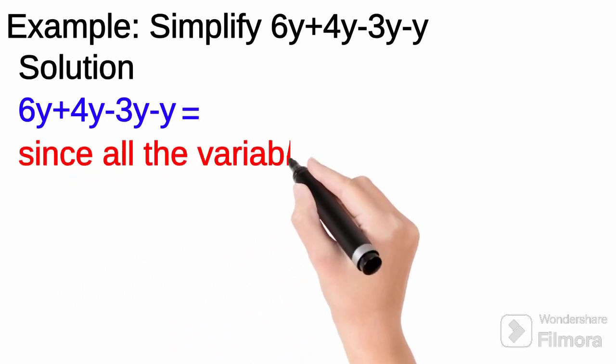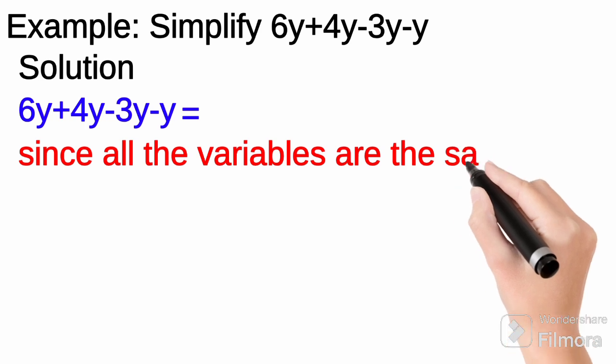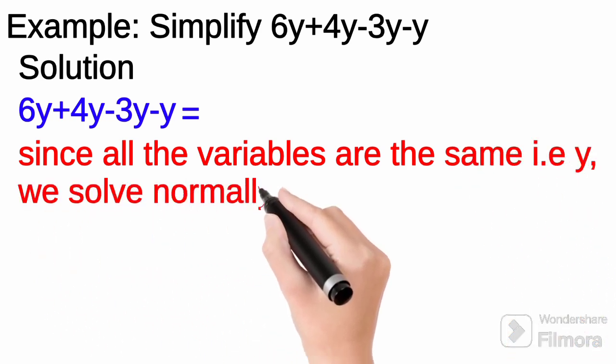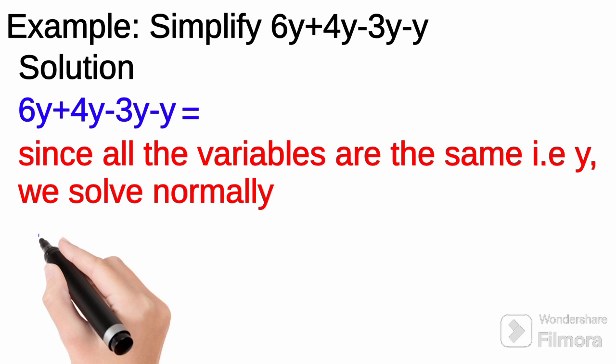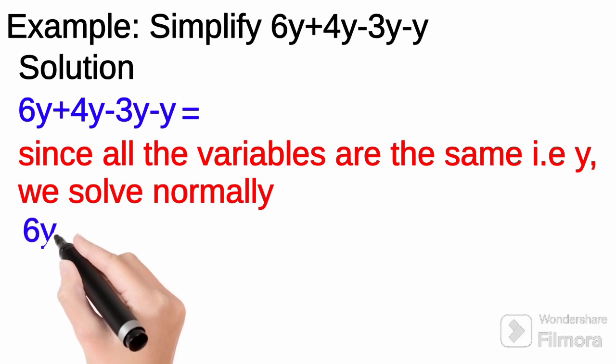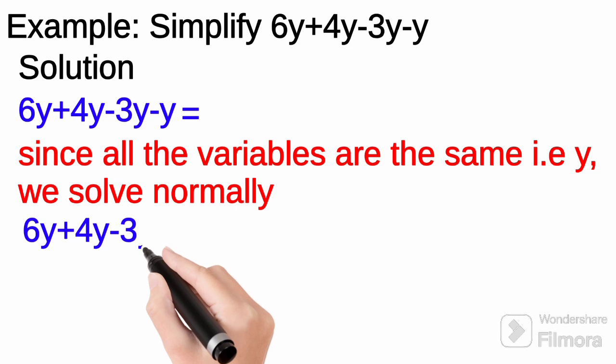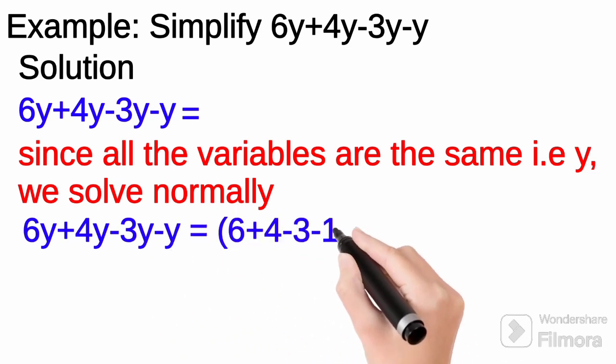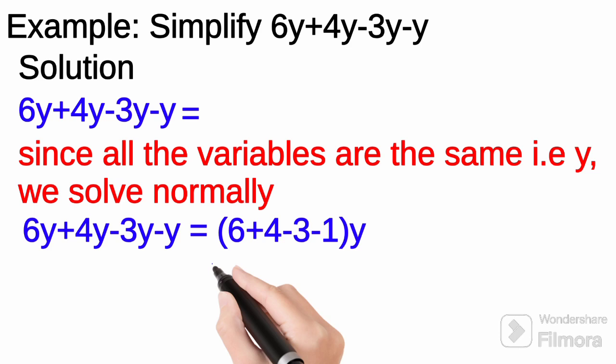Since all the variables are the same, that is y, we solve normally. That is where we solve our mathematics addition and subtraction. So 6y plus 4y minus 3y minus y. We're going to bring out all the coefficients, which is 6 plus 4 minus 3 minus 1.